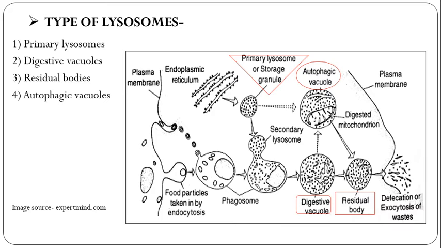See in this diagram, after food particles are taken in by endocytosis, they become phagosomes, and some primary lysosomes are absorbed into these in the digestive vacuoles, and it forms the autophagic vacuoles or some residual bodies, shown in this diagram by arrows.